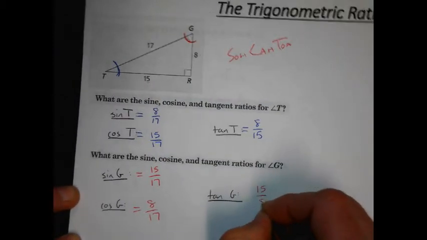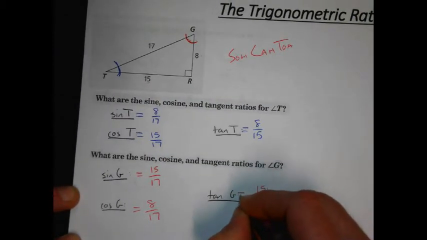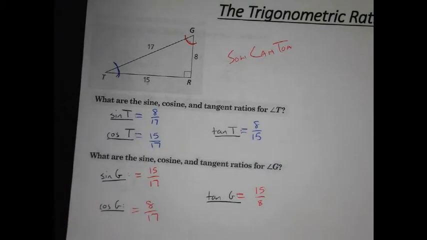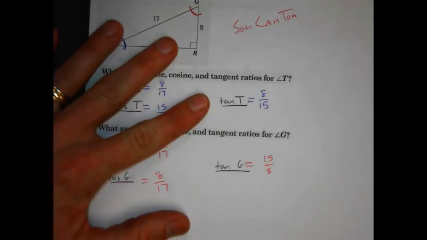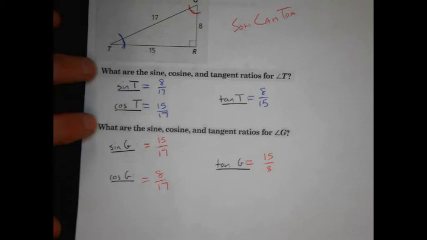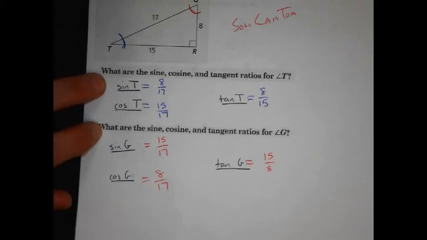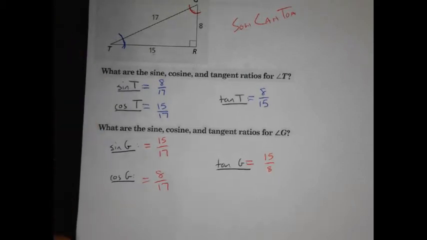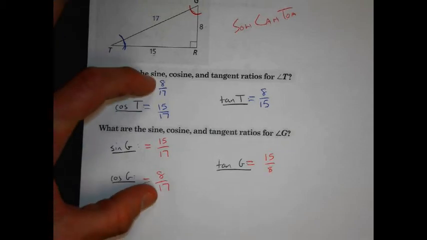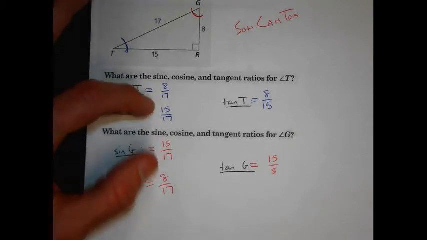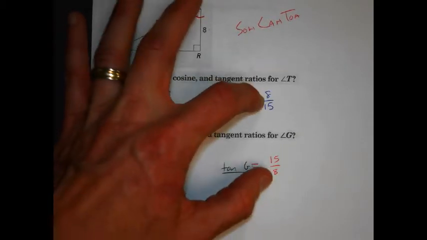Okay? So why is this neat? I hope you see something kind of cool. Remember, both these questions are from the same right triangle, right? We're just looking at the different angles. Notice the relationship between the ratios of the same triangle, but from the different perspective.